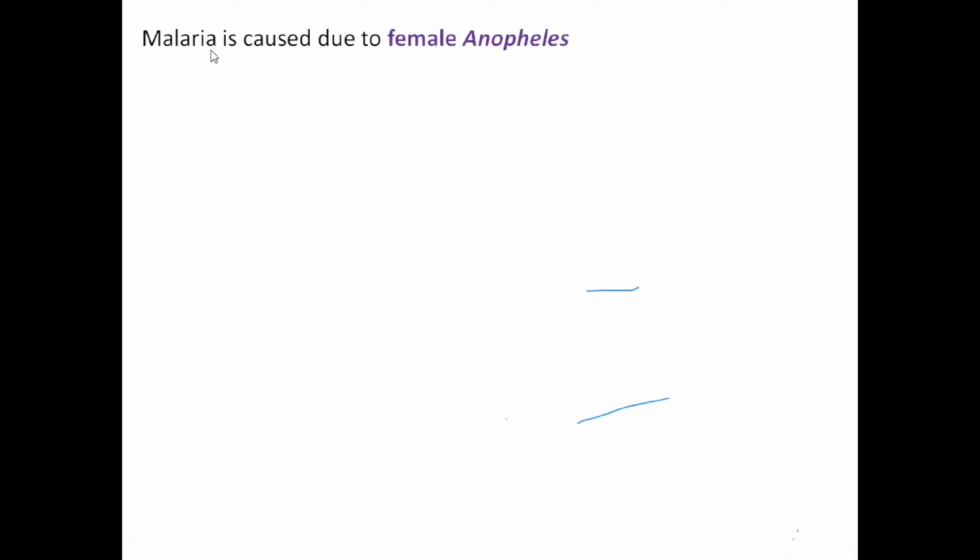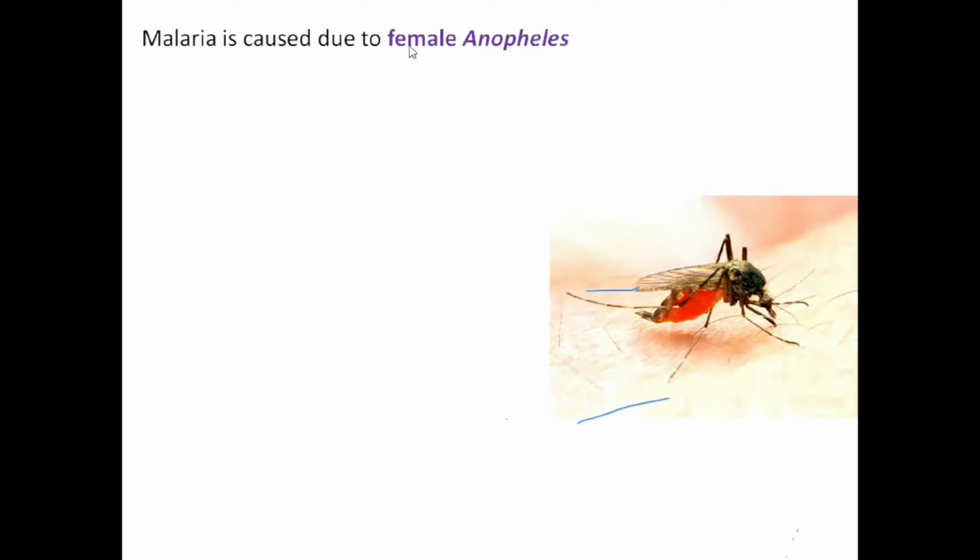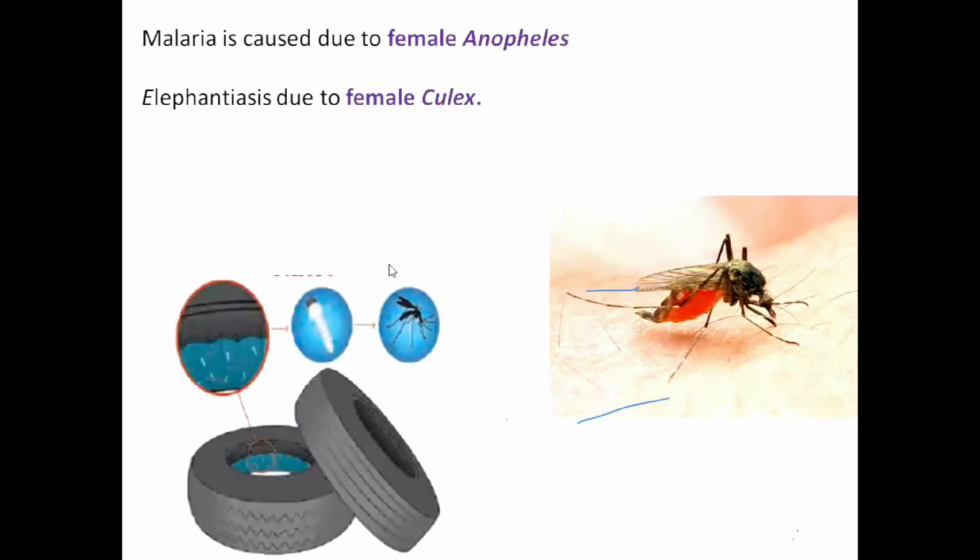Now there is another disease called malaria, which is spread through the female Anopheles. This is the image of the female Anopheles. Elephantiasis is another disease, spread by the female Culex. As we discussed earlier, in such dirty places these mosquitoes grow, and due to that we can have diseases like dengue, malaria or elephantiasis.